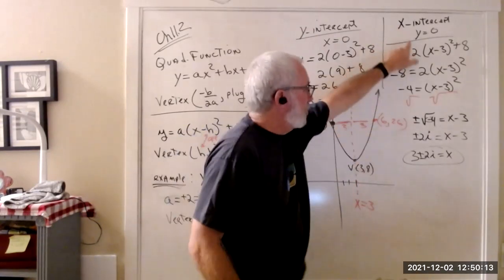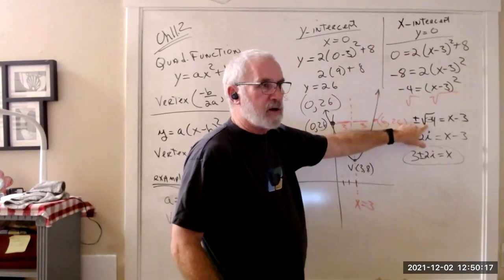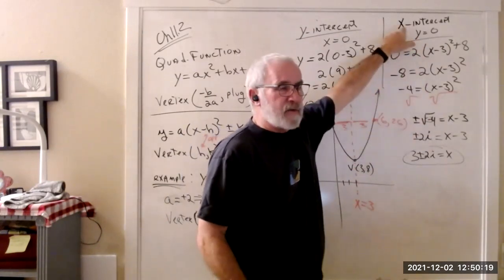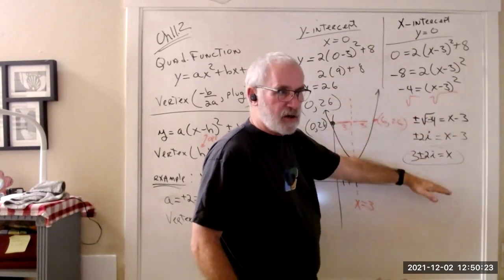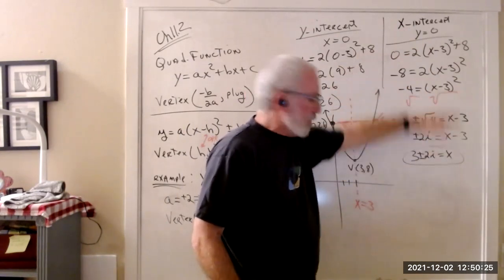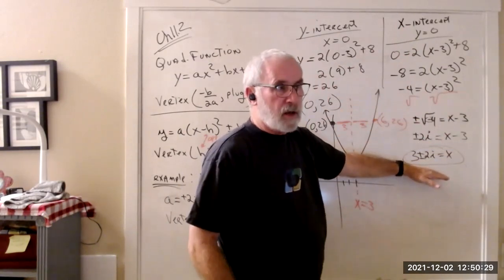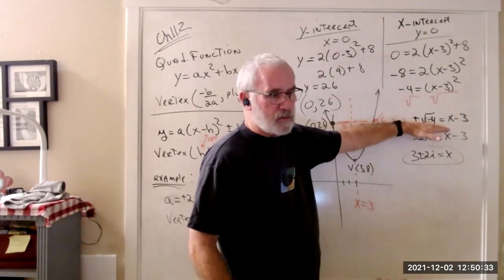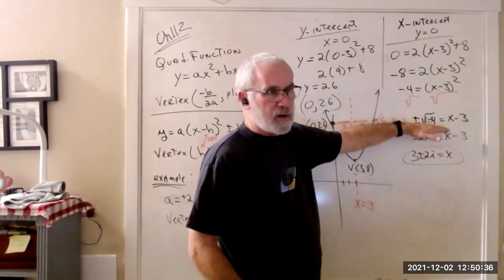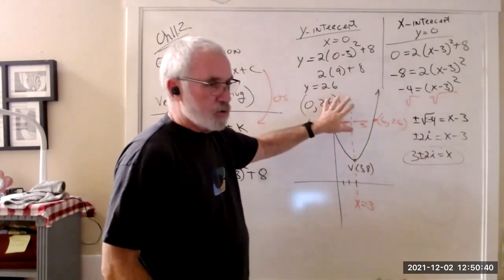So the minute you're doing this work and you recognize imaginary values, you can't have imaginary x-intercepts, you could quit and just say none. You don't have to work it all the way down to here. Now, if you do, cool. But the instant you see you've got a problem, you can quit and just say there are no x-intercepts. But if you interpreted your graph correctly, you could do the same thing.